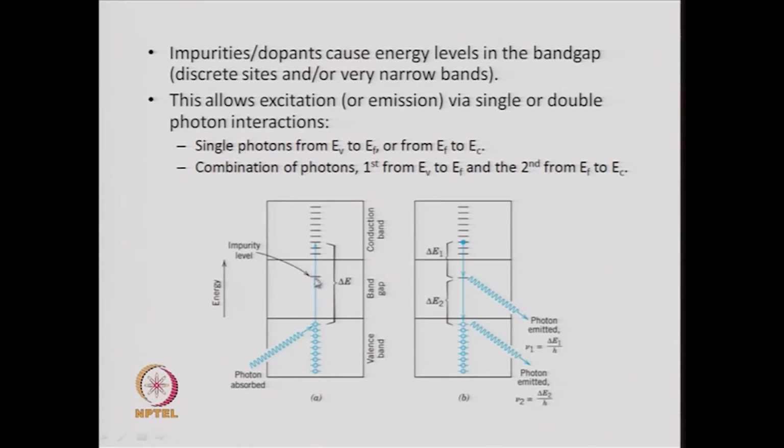That means, now you have the ability to transfer an electron with less energy to this level. Earlier you had to transfer an electron to the conduction band, that requires more energy. When you transfer to this impurity level, you need only this much energy. So, with lower energy you can cause an absorption.